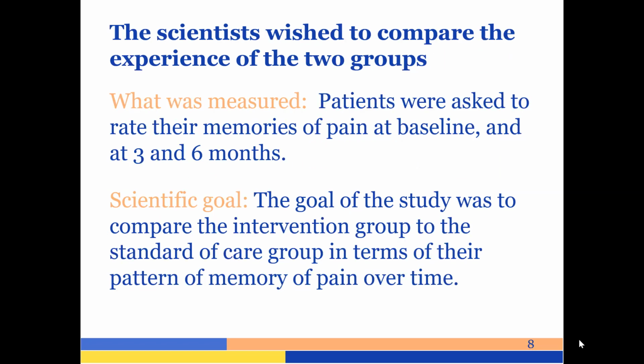Remember, we're not looking at one point in time, but the pattern over time of their long-term memory of pain. So participants were measured initially following the intervention, and 3 and 6 months after. This is a longitudinal feature of the study. The goal was to compare the pattern of pain over time for those who received the sensory focus treatment with those who did not.